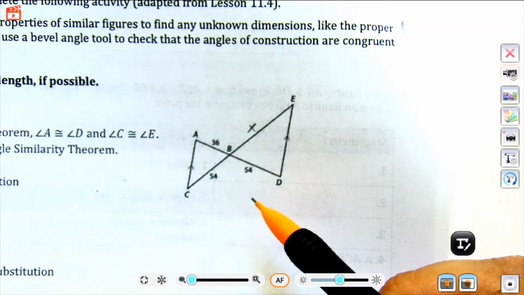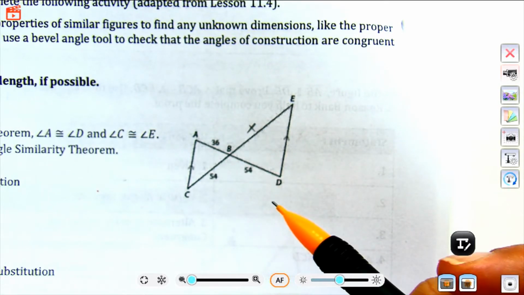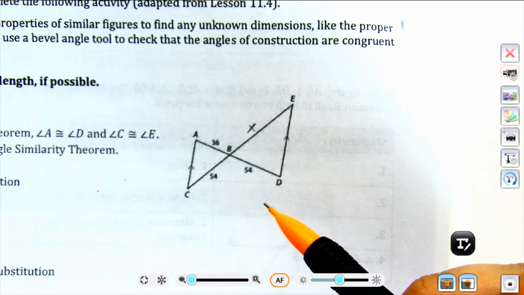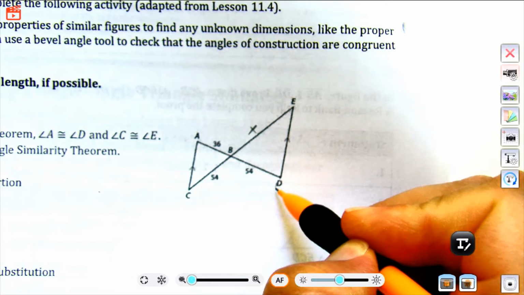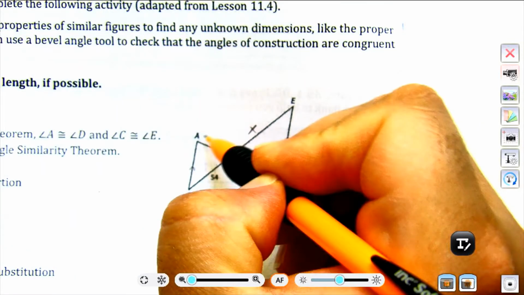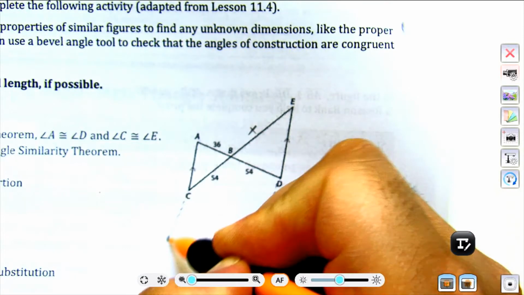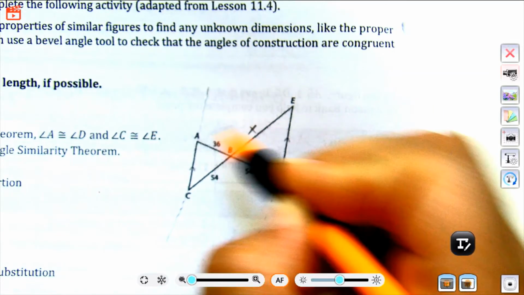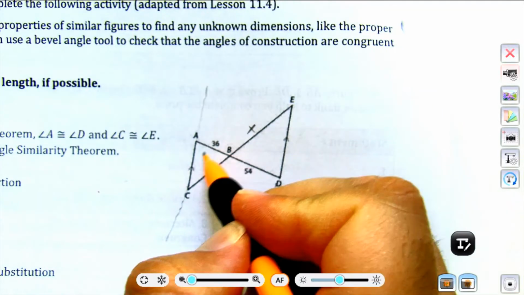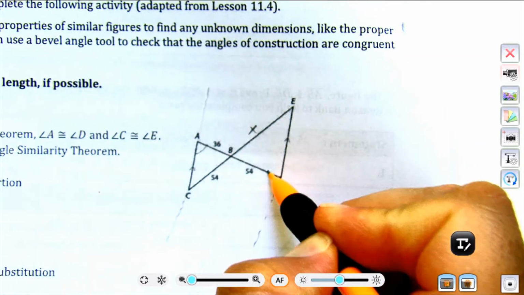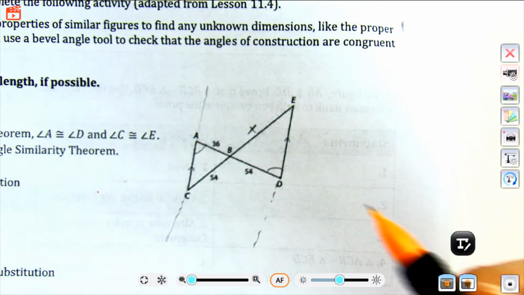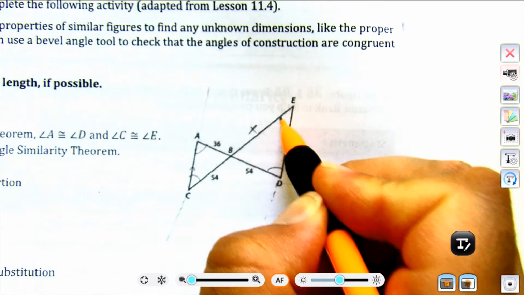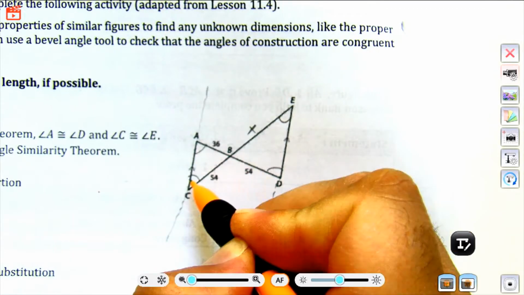One of those were alternate interior angles. So if you imagine I extend this parallel line out, extend this one out, and extend this one out, this angle here and this angle here are alternate interior angles, and this angle C and angle E are also alternate interior angles.